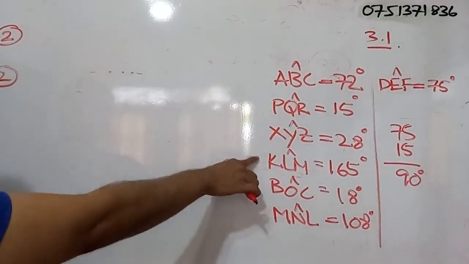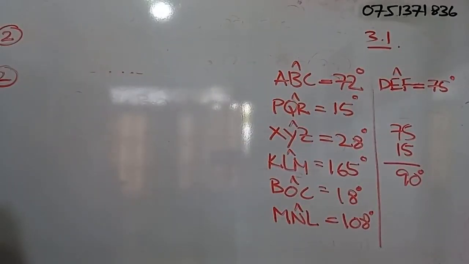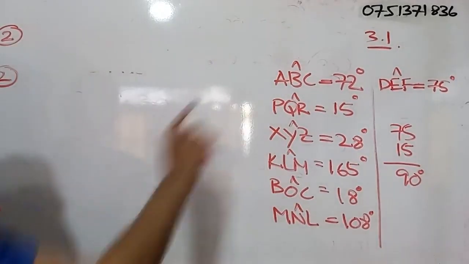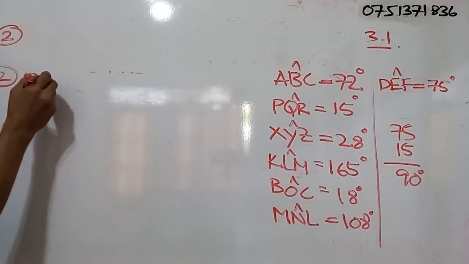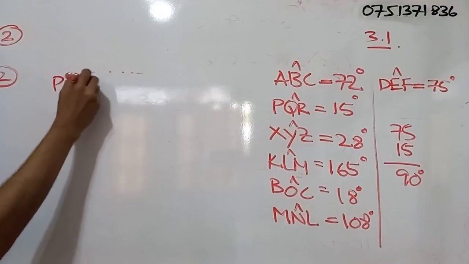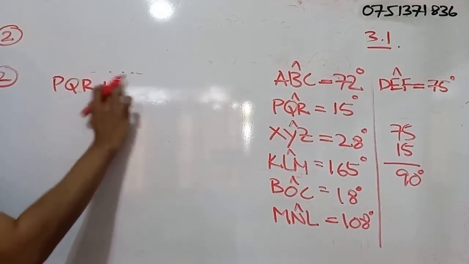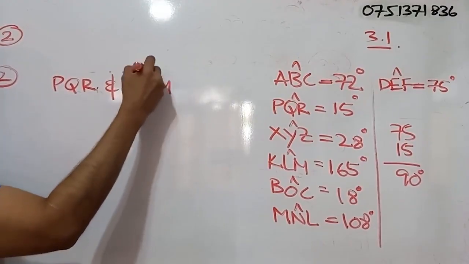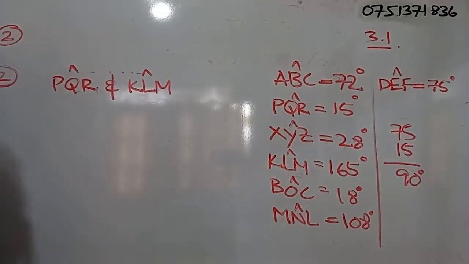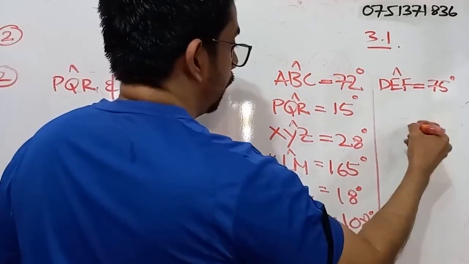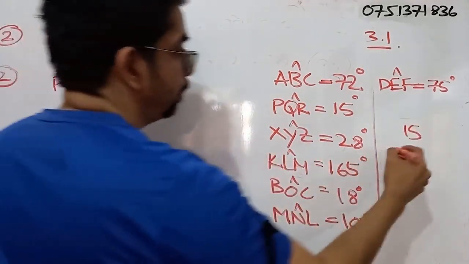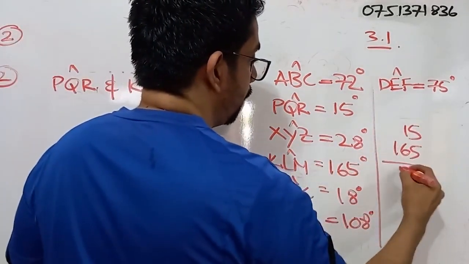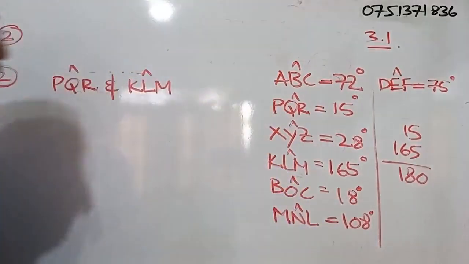So here we have KLM and PQR, right? PQR is 15. KLM is 165. When we add these together, we get 180.